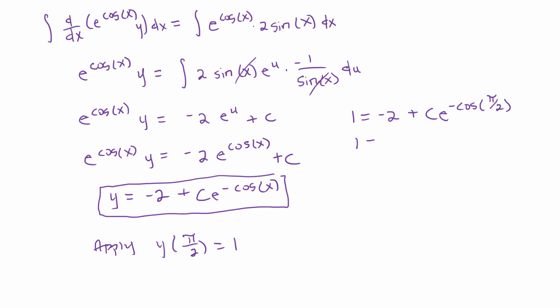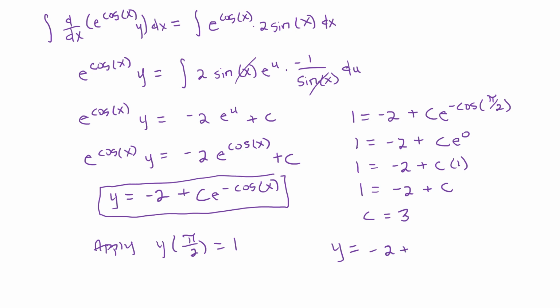So that will be 1 equals negative 2 plus c times e to the power 0. E to the power 0 equals 1. So that would be negative 2 plus c equals 1. So then c equals 3. Since c equals 3, our particular solution is y equals negative 2 plus 3 times e to the power negative cosine x.